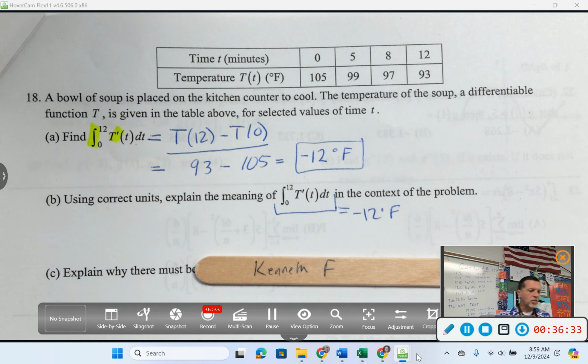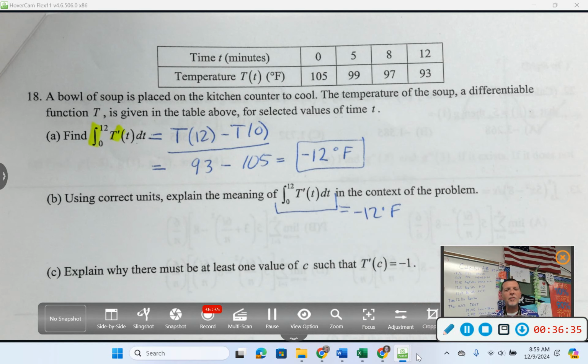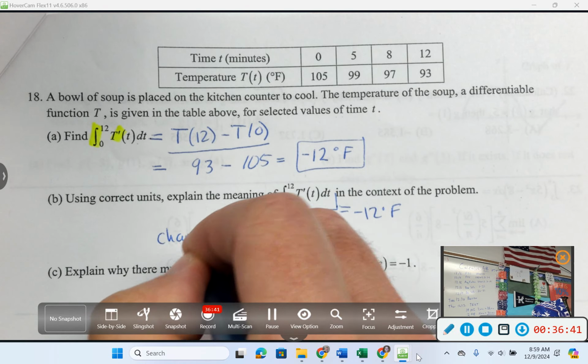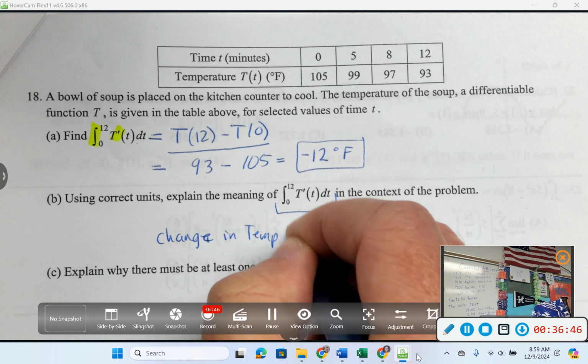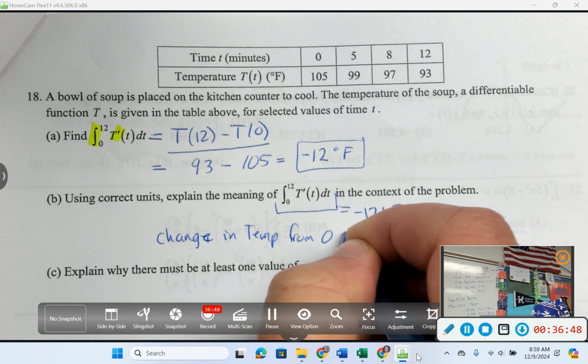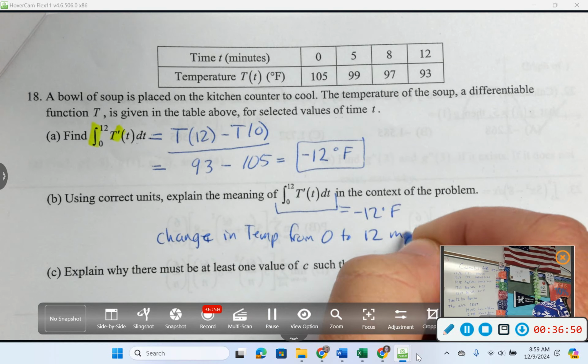So it is a temperature. Might help him out. What about the temperature, though? The change. That's the key word we're looking for there. It's the change in temperature from 0 to 12 minutes.